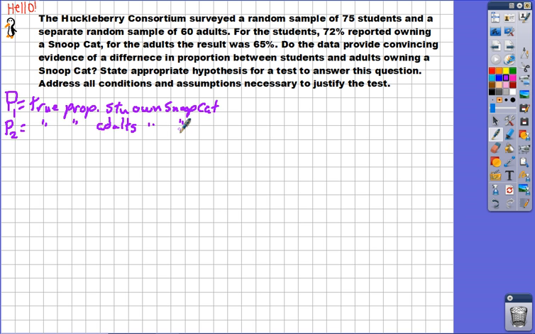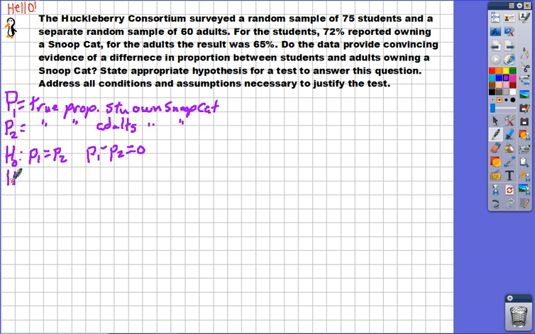Okay, so what are our hypotheses going to be? Well, what we're checking is if there's a difference. So our null hypothesis is the assumption that there is no difference: P1 is equal to P2, that they're the same essentially. Another way of writing that would be P1 minus P2 equals 0, meaning they're the same number, subtracted they get 0.